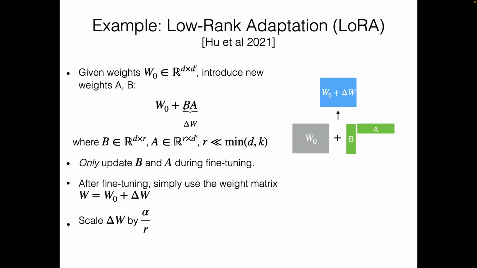Sorry, of this addition. And at least in the paper, they argue that they didn't have to spend too much time setting this parameter. And then this R is basically to make this more invariant to choosing different values of R.